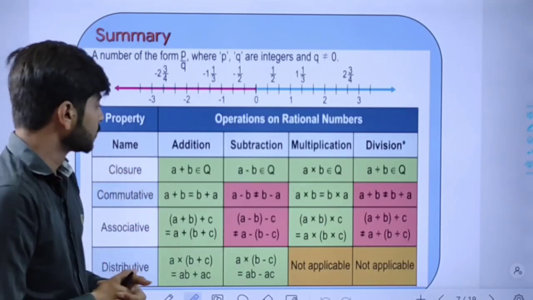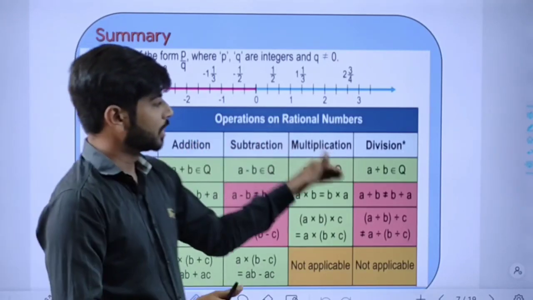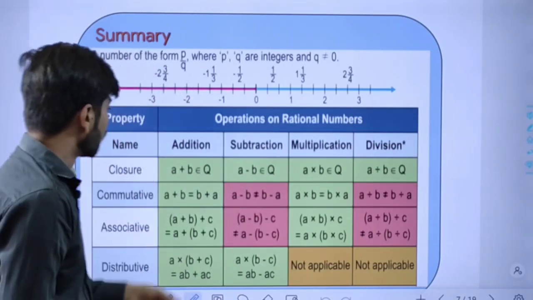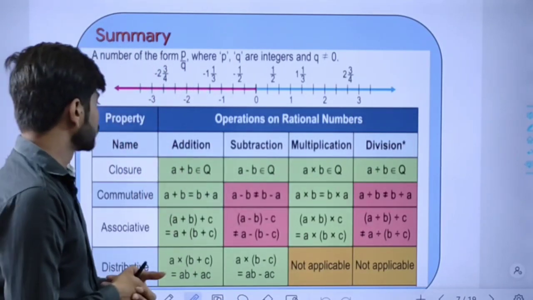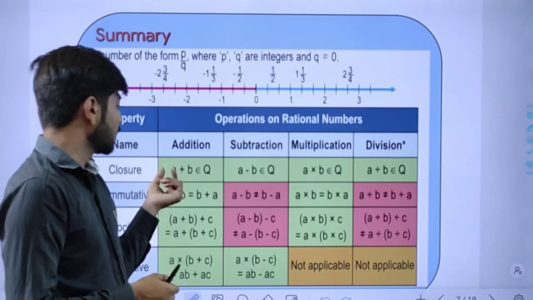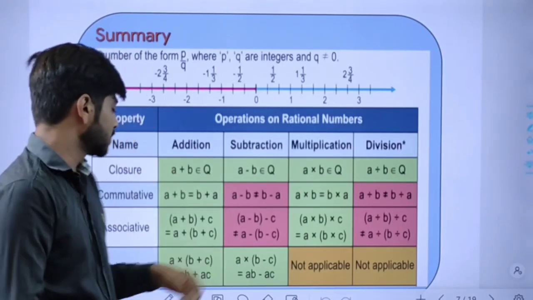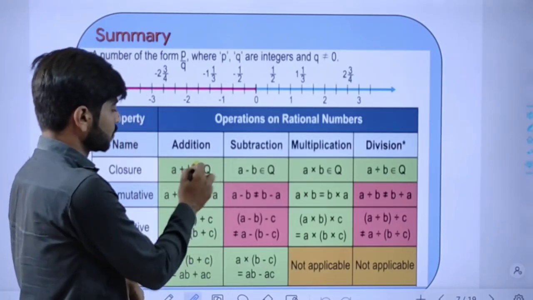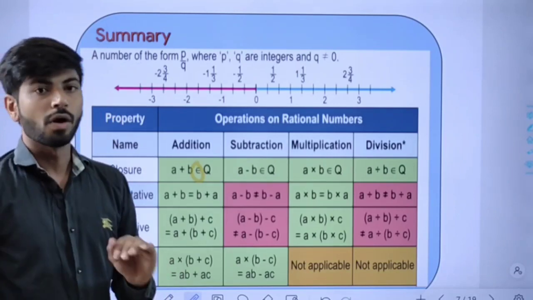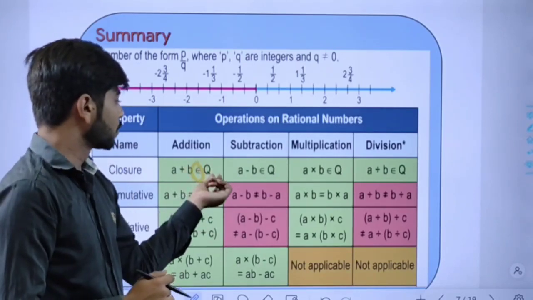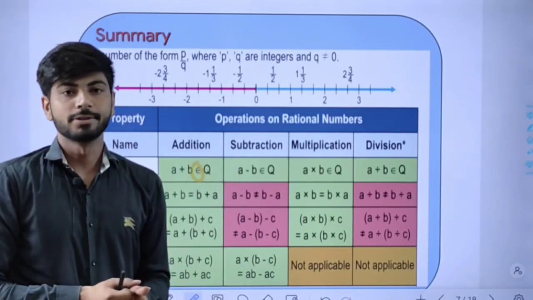In short, we will study these properties. Closure property for addition, subtraction, multiplication and division. So closure property for addition, you can see a plus b belongs to, this sign represents belongs to, q. Q is the set of rational numbers.